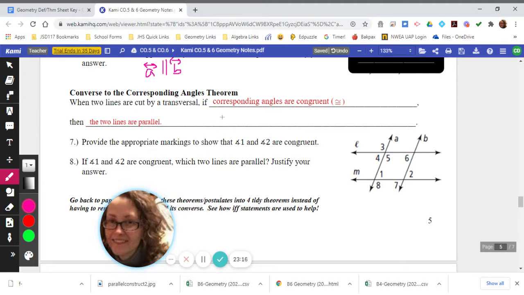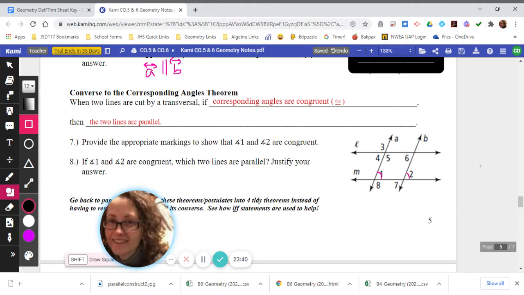When two lines are cut by a transversal, if corresponding angles are congruent, then the two lines are parallel. They want me to provide markings to show that 1 and 2 are congruent. So which two lines would be parallel? I'm going to grab something to cover up what I do not need.